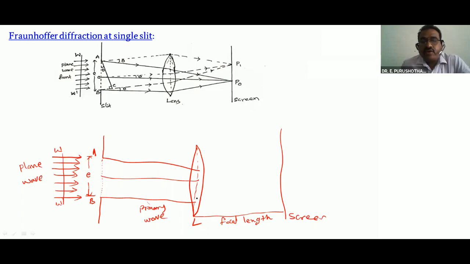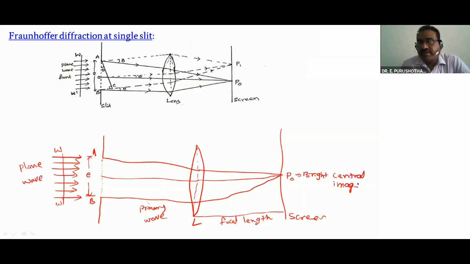This primary wave is focused on the screen at a point P0. This P0 is called the bright central image.